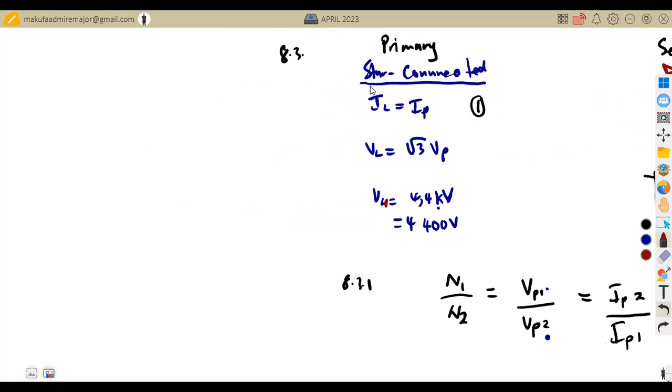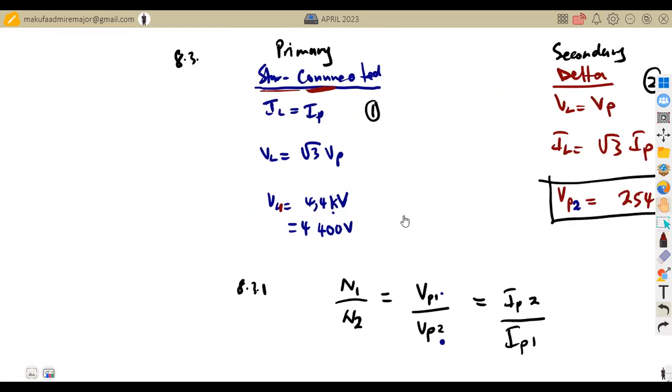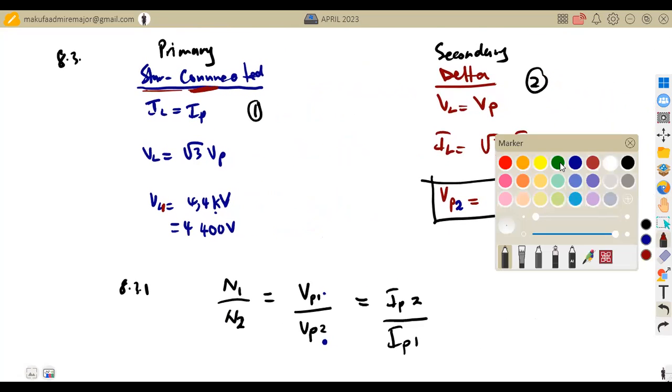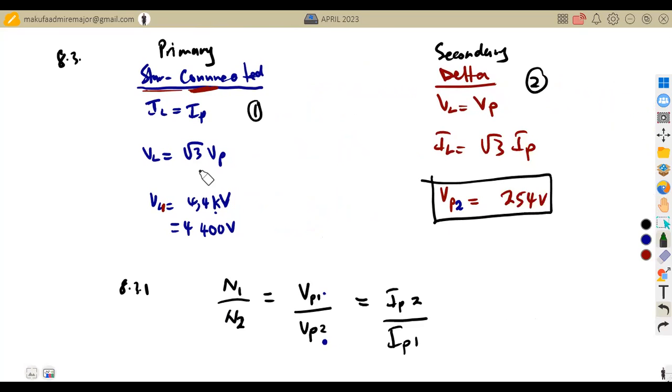And this is star connected, all right? So let me write it here. This is in a star. So in a star, to determine our phase voltage, we just divide by the square root of 3.